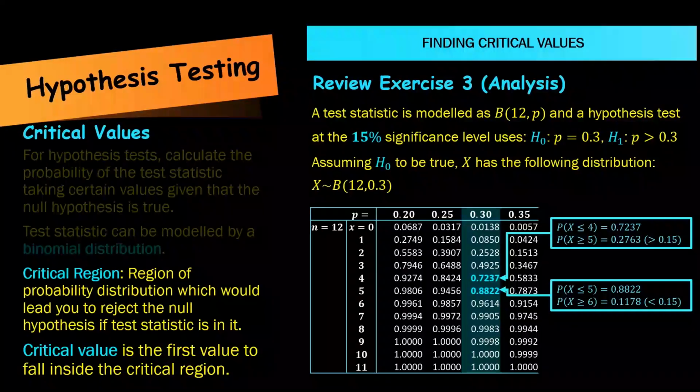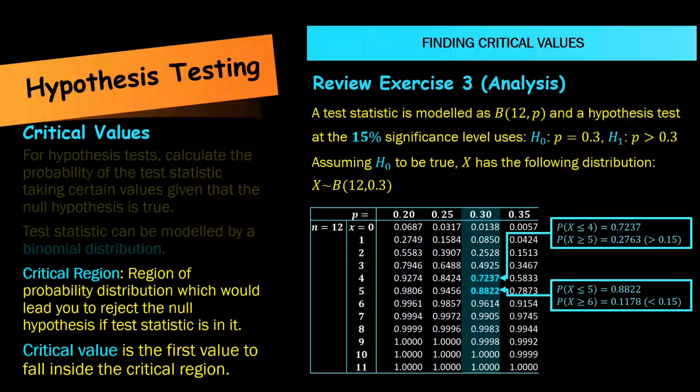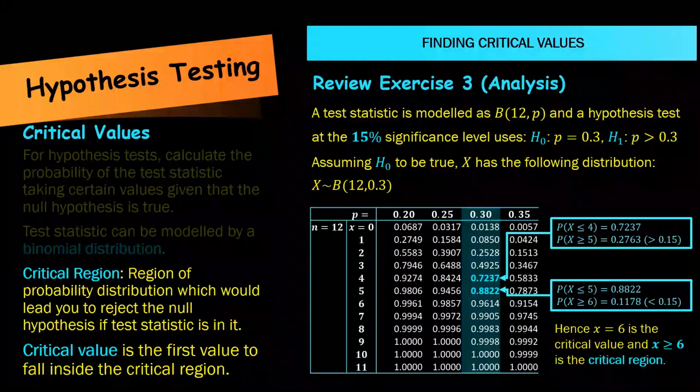And this is less than 15%. So notice this is a very critical point where probabilities go from being greater than 15% to less than 15%. And therefore, x equals 6 is the critical value and x greater than or equal to 6 is the critical region.